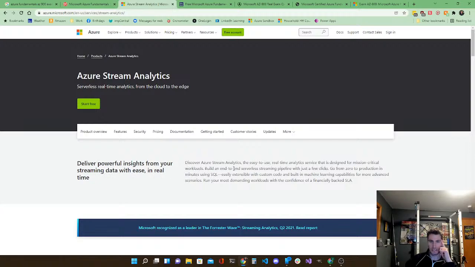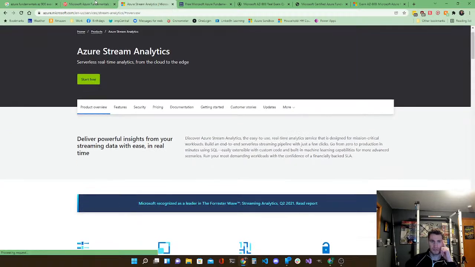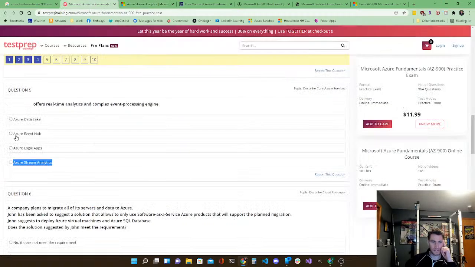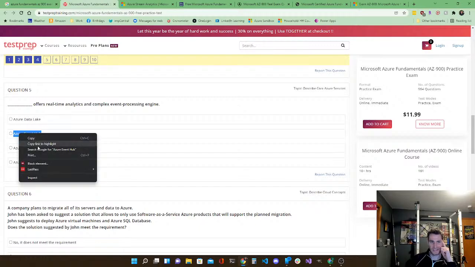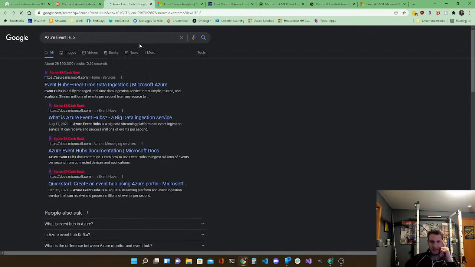So it is data streams. Use real-time analytics service set aside for mission-critical workloads. Build an end-to-end serverless streaming pipeline with just a few clicks. Zero to production in minutes using SQL, easily extensible with custom code, and built-in machine learning capabilities for more advanced scenarios. Okay. Man, all these are very similar. And there's even like some other stuff that's kind of like similar and could also be used.